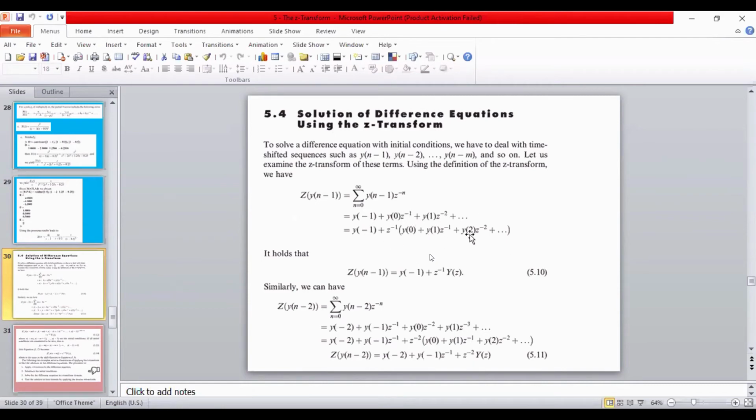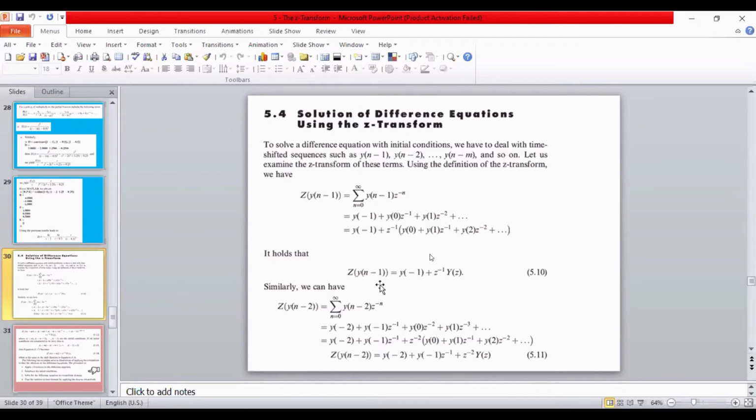Then we rearrange terms, and if you look at these brackets, this is nothing else but the Z transform of our output, right? So we place it back to the compact form. So after we do that, we observe the conclusion: if you want to know the Z transform of the output shifted by one sample, you have to multiply its Z transform by this, plus add the initial condition.